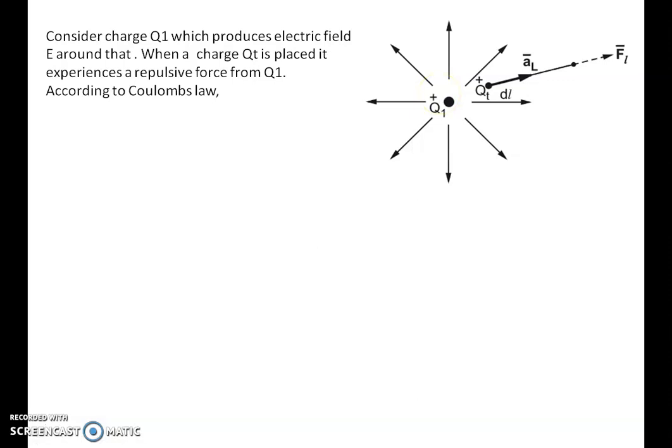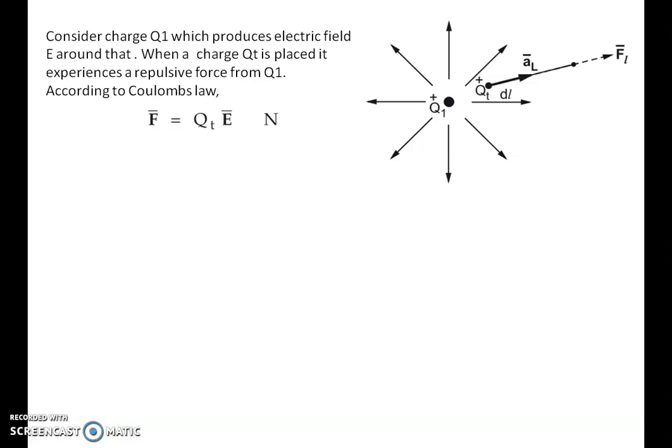We know the relation between force and electric field intensity is F = Q into E. So we can also define electric field intensity as the force on a unit charge, or the force on a particular charge from another charge.